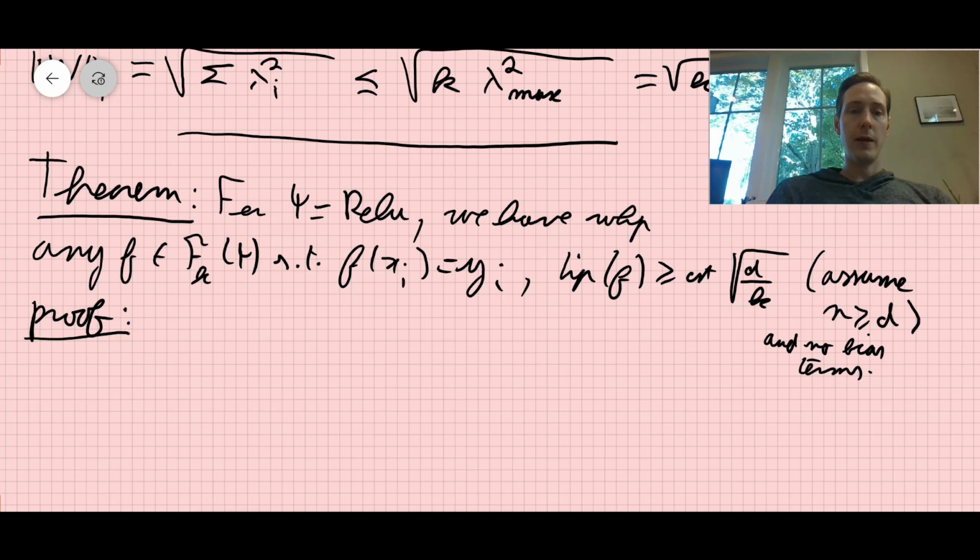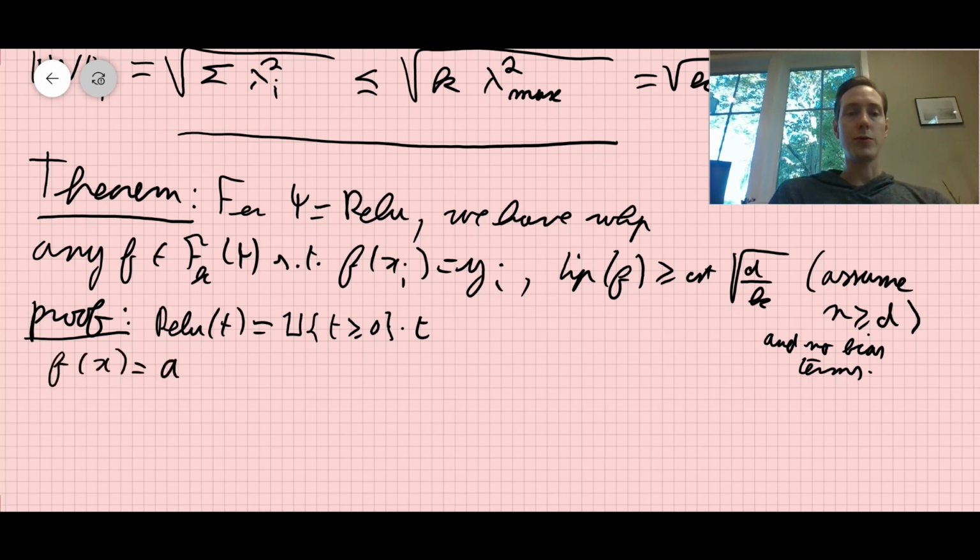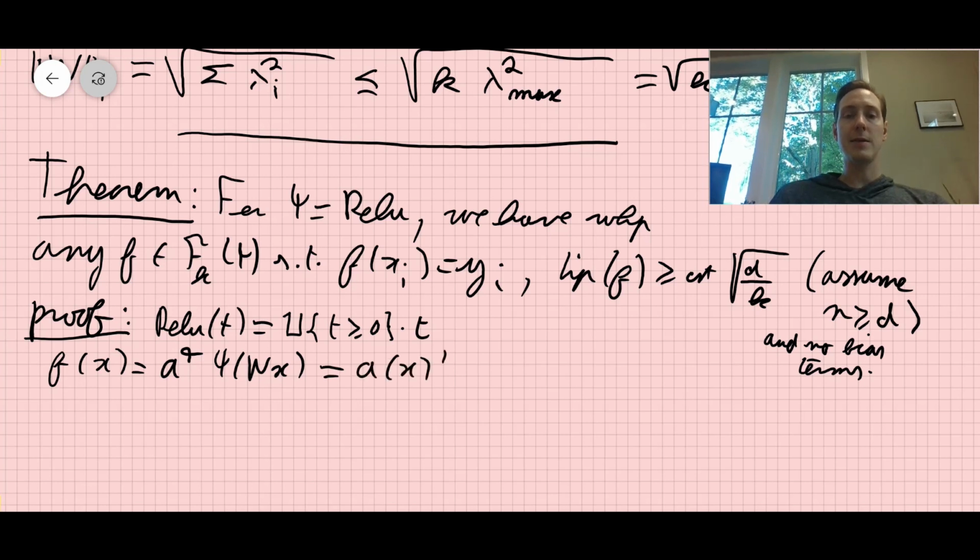Notice that the ReLU of t, you can really write as the indicator that t is non-negative times t. So there is a linear part and then there is a non-linear part. So f of x, which as we said before can be written as a transpose psi of Wx, again there is no bias right now, we can rewrite as A_x transpose Wx, where A_x is now the activation pattern.